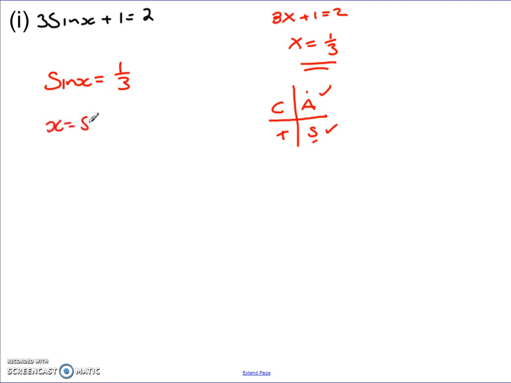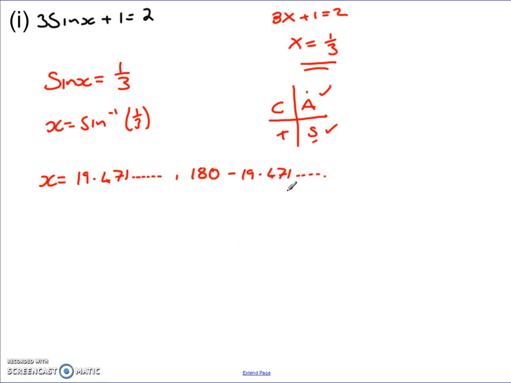So to get x, it's sine minus 1 of 1/3. Plug that into your calculator. What you get when you use sine minus 1 of 1/3 is 19.471, and then it continues on. Then to get the second solution, the one in the S part, we do 180 take away 19.471 and the rest of the number.